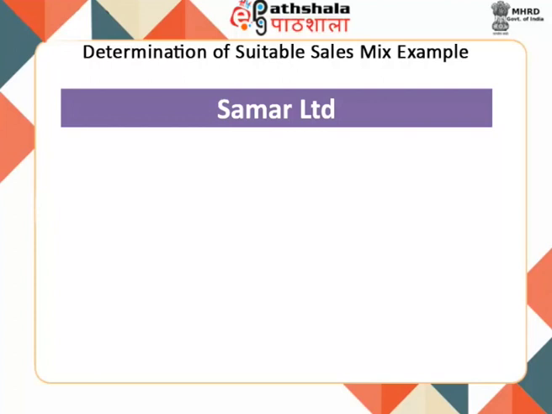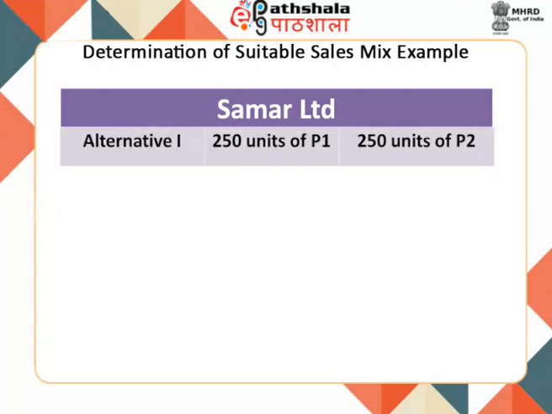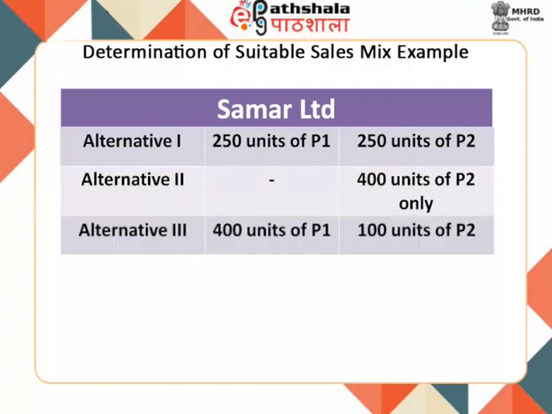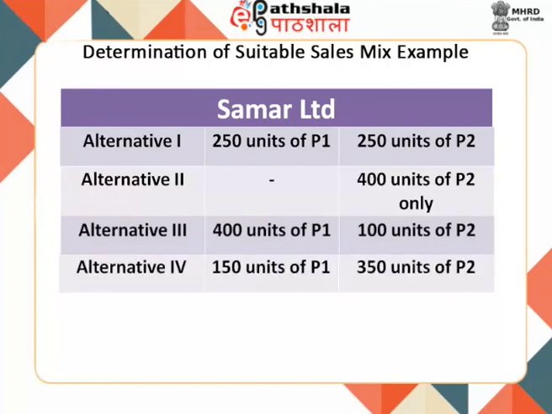These options are 250 units of P1 and 250 units of P2, 400 units of P2 only, 400 units of P1 and 100 units of P2, 150 units of P1 and 350 units of P2. Let us find out which of the stated alternative sales mix should be adopted by the company.